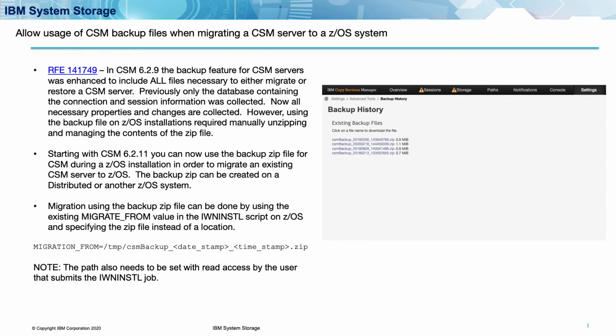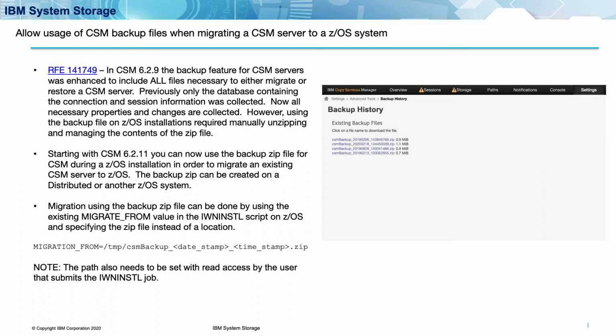And we made it straightforward. We already had a migrate from value in the IWN install script for z/OS when you install CSM. That previously was meant for TPC-R to CSM installations or migrations. So you'd specify a folder, the TPC-R folder, and it would pick those up and move those to the new CSM directory.